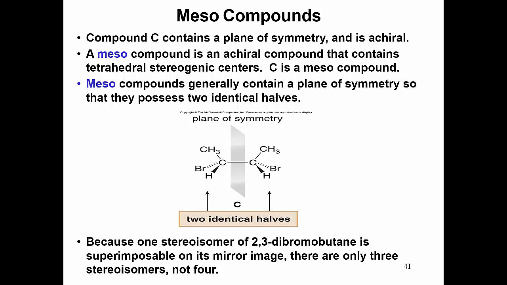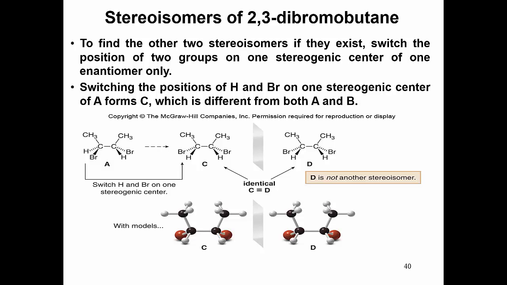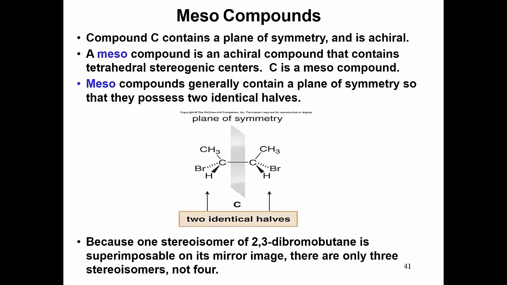Could you take another compound, an analog of dibromobutane, and go through this and draw all the possible stereoisomers and label the relationships between all 3 or 4 of those as enantiomer, meso, diastereomeric, and so on. Now, even though C is meso, it's still a diastereomer of A. See that? They're still diastereomers because they're stereoisomers that don't reflect, even though it's achiral.